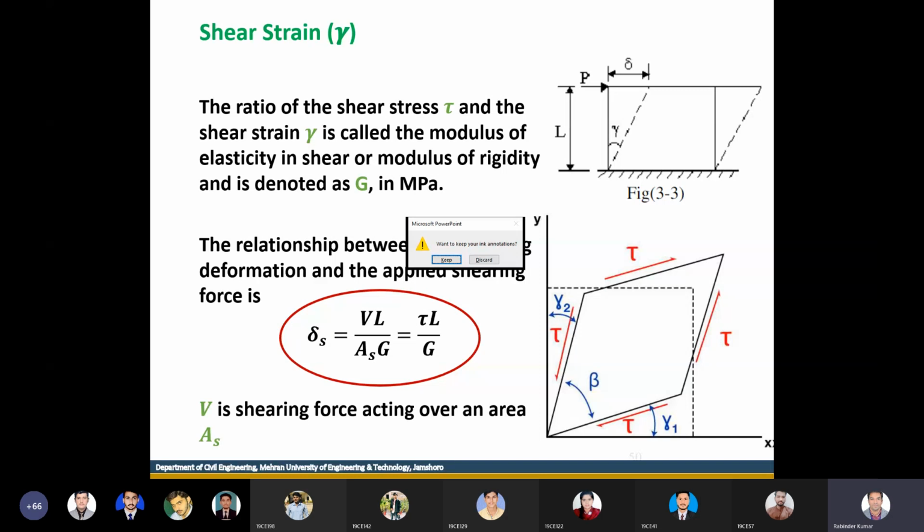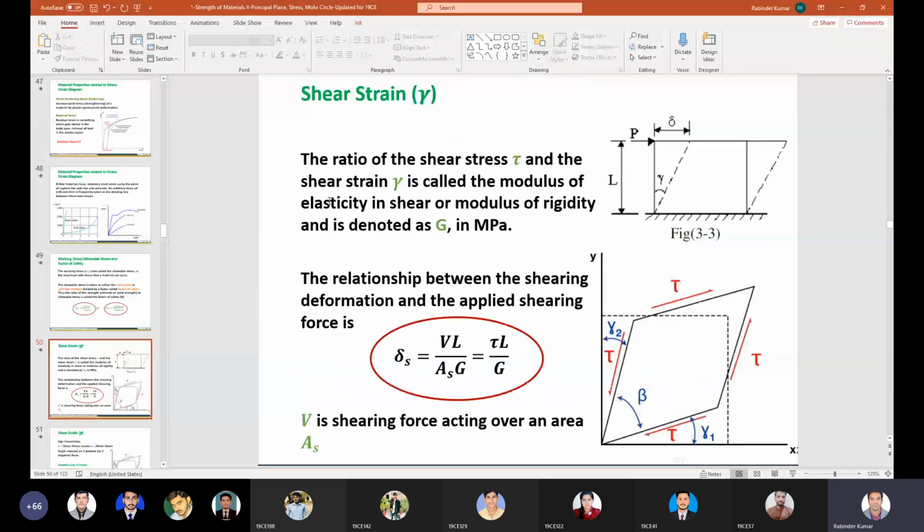Who has got the maximum GPA in your class? Sir, Wahidullah and Tariq.